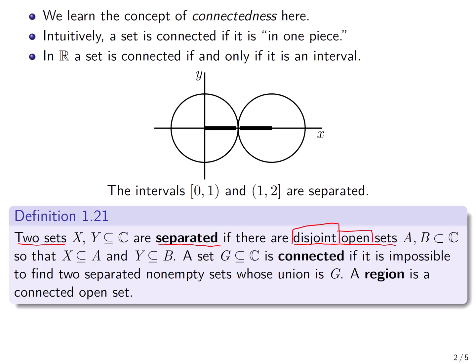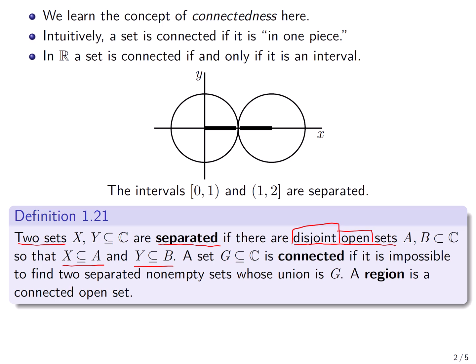So disjoint open sets A and B in C such that X is a subset of A and Y is a subset of B. If you can find two such disjoint open sets, you call these two sets X and Y separated. You separate them by A and B because they are open sets, so the boundary is not included.